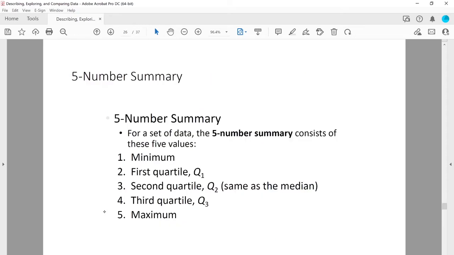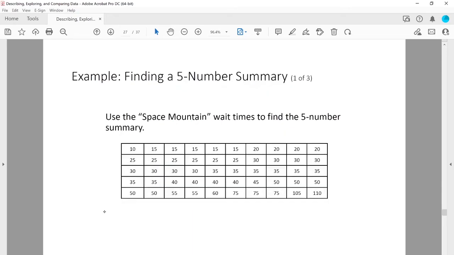By using these quartiles Q1, Q2, Q3, we can describe the data using a 5-number summary. You have a data set going from the minimum value to the maximum value, and we can use those three quartiles Q1, Q2, Q3 as well. These 5 numbers are called the 5-number summary for the data. For example, let's say this is the same sorted data we used previously.